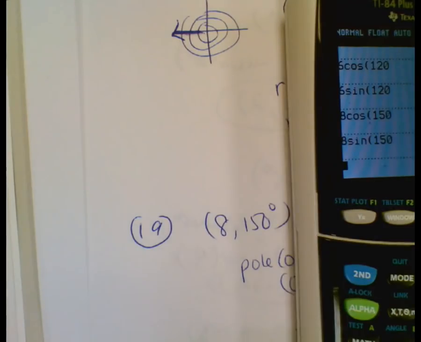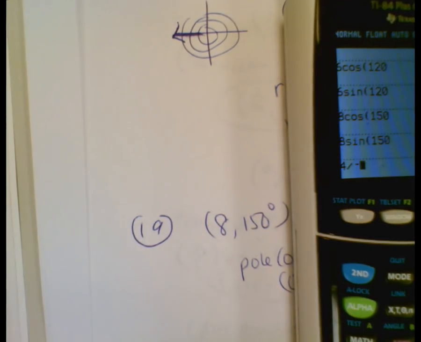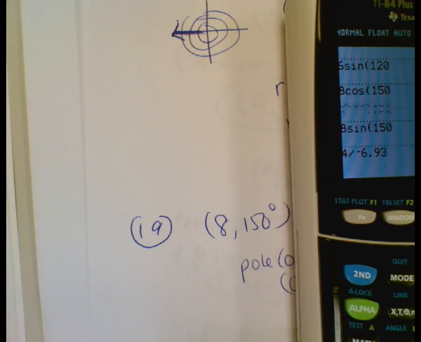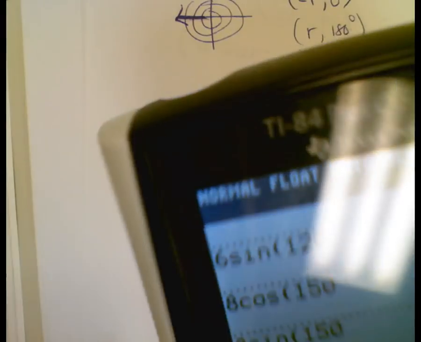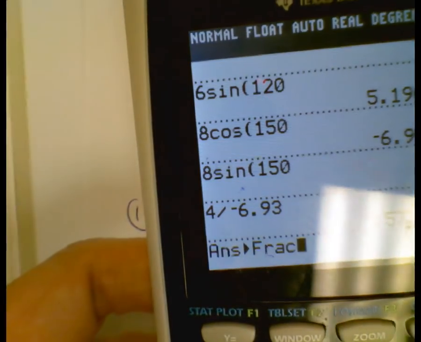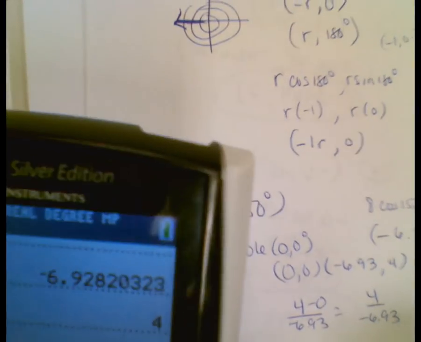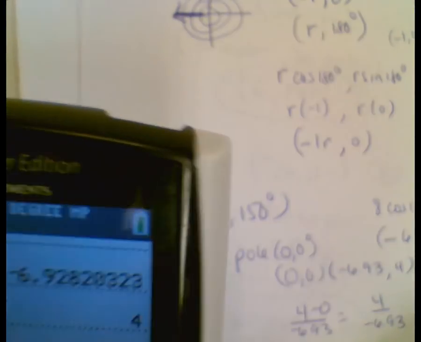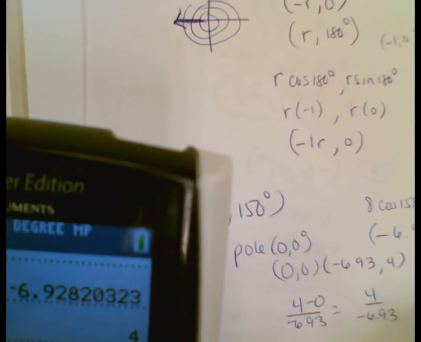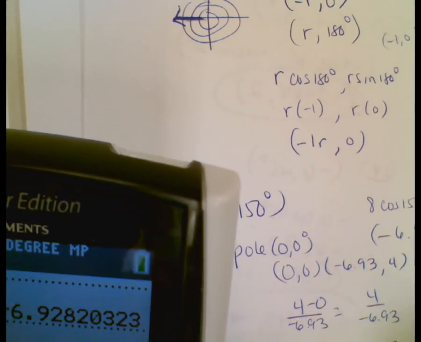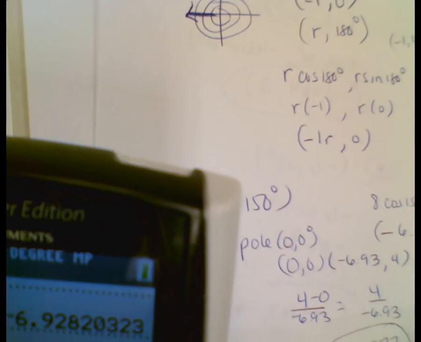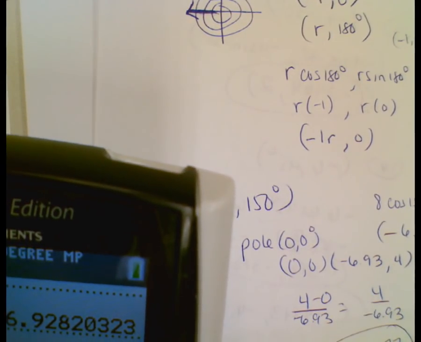So you'd go 4 divided by negative 6.93. So you can say that the slope is negative 0.577. They have a fraction here, negative 4 over 6.93, I guess.